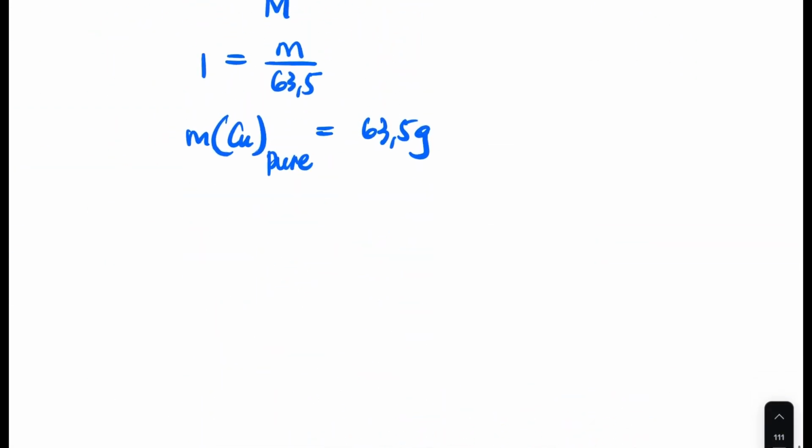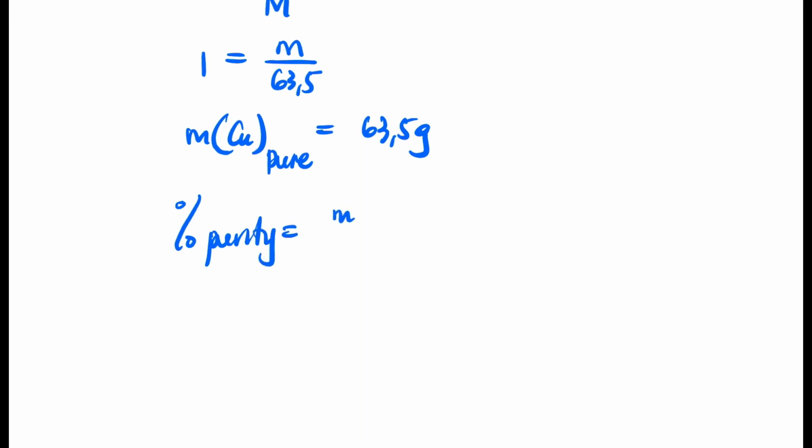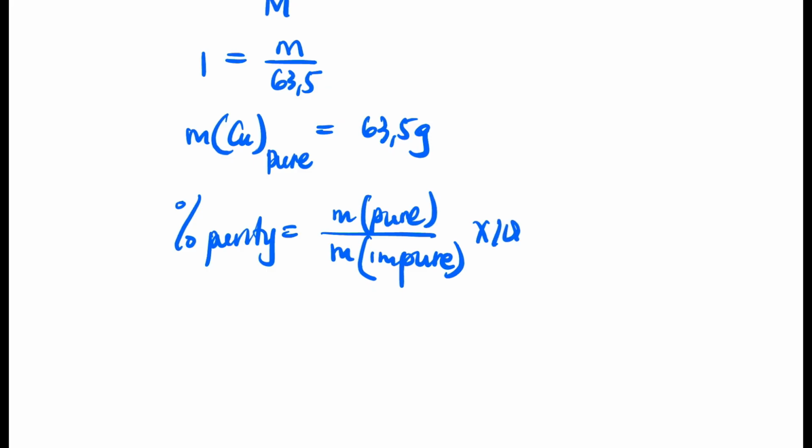Now we want the mass of the impure sample, so we go to the formula of percentage purity. Percentage purity is equal to the mass of the pure divided by the mass of the impure, multiplied by 100.